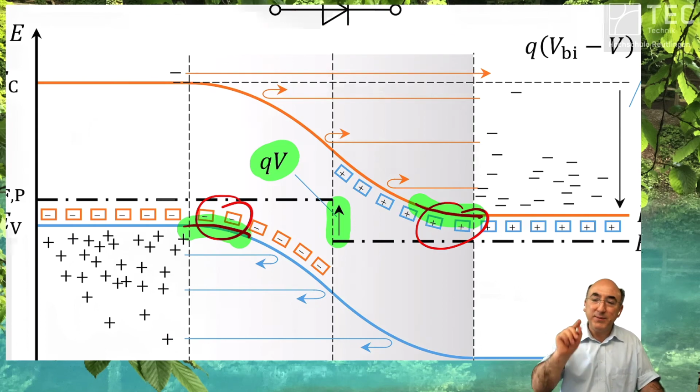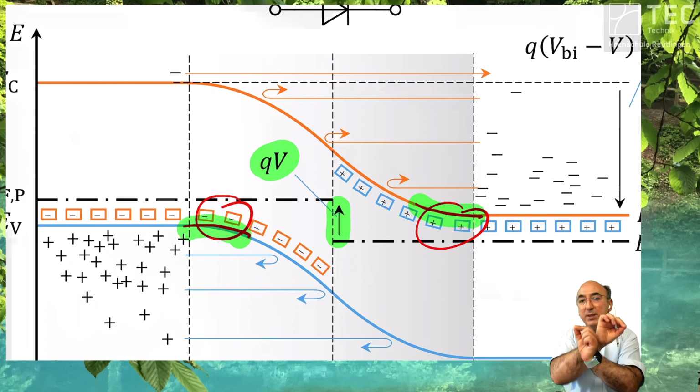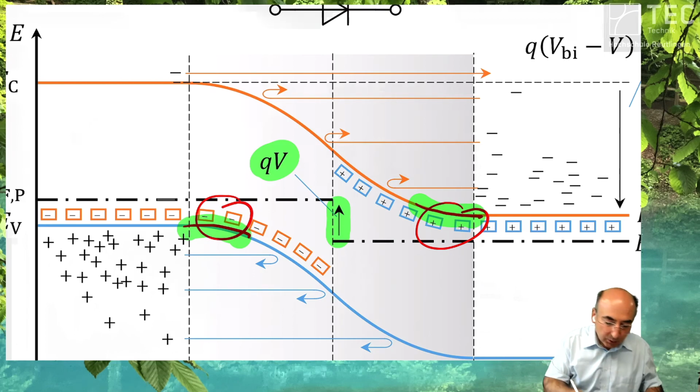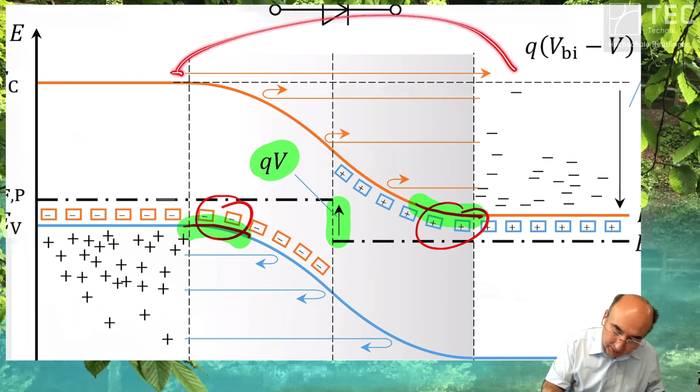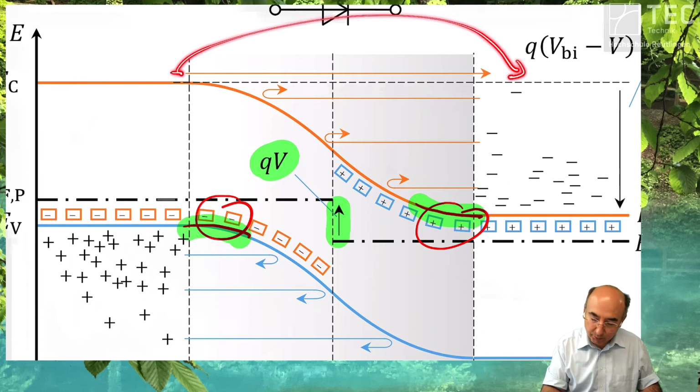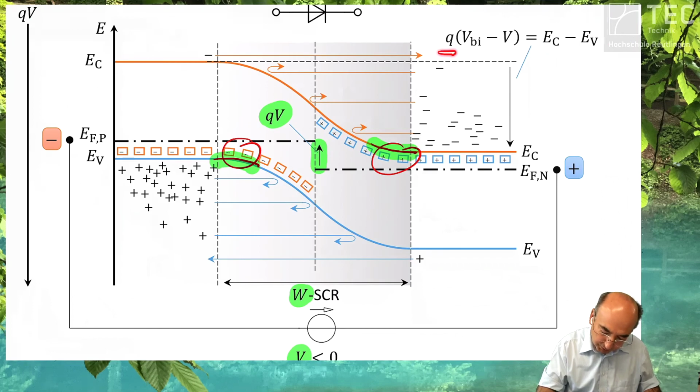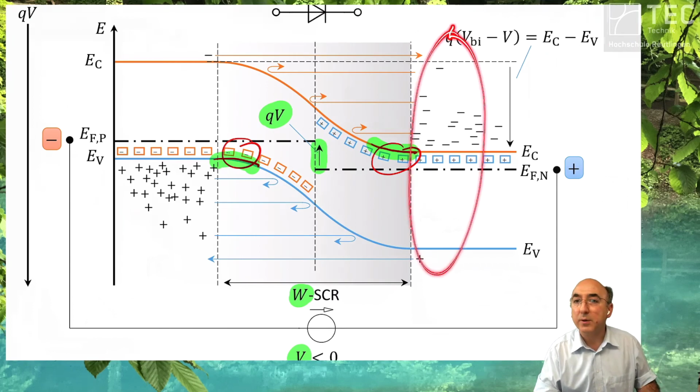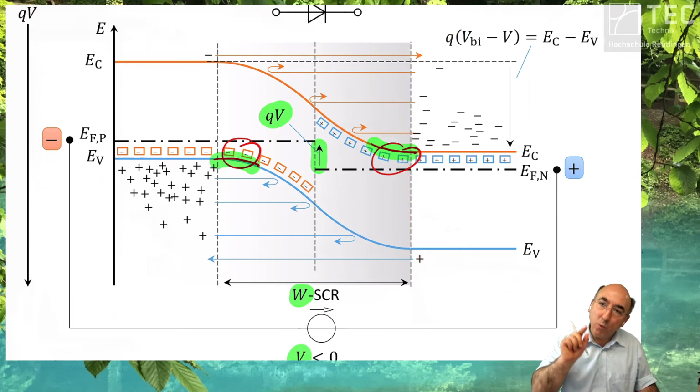That means if you reverse bias a PN diode, you have the minority carriers which contribute to a recombination. This means you can't avoid a reverse current in a diode.